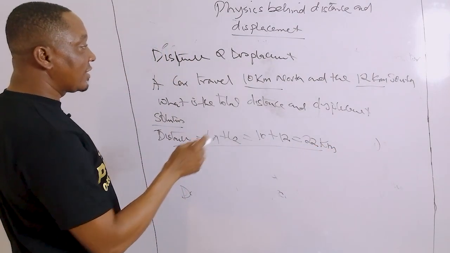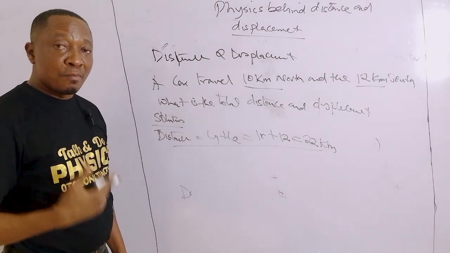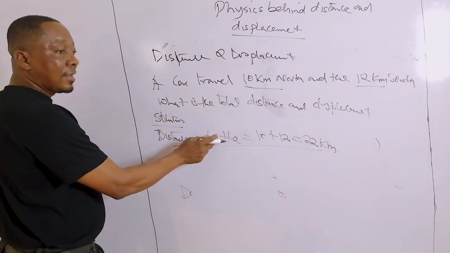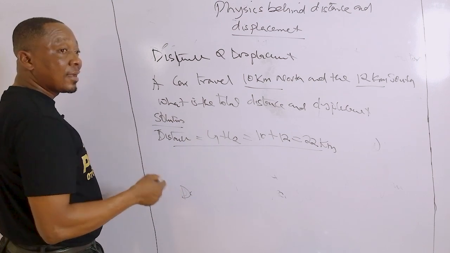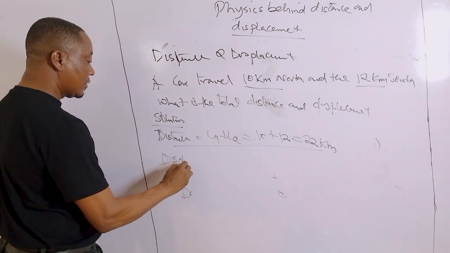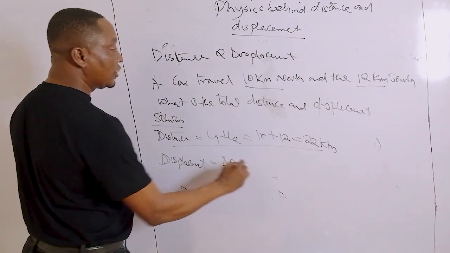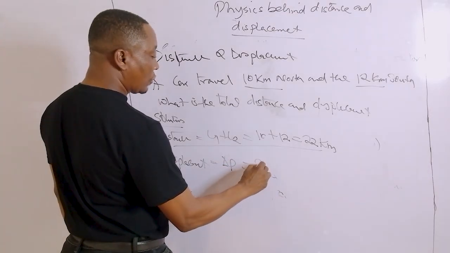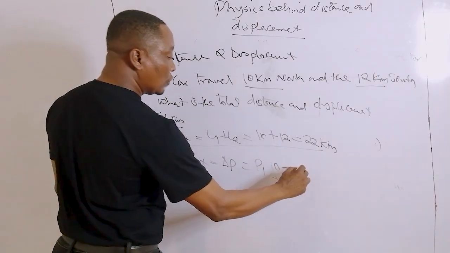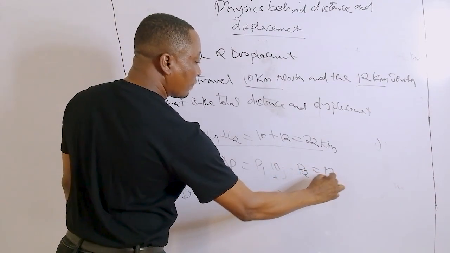And for us to calculate the displacement, you know, it is a change of position from one point to another. Since we use L as distance, we can use P as displacement. Displacement is change in P. Change in P is what? P1 is 10 and P2 is 12.